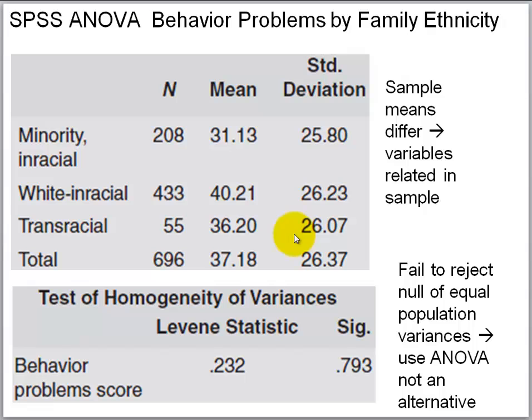Now, looking at the descriptive data in this table, the sample means do indeed differ, and thus the variables are related in our study sample, and we've got to determine whether these differences in means are large enough so that they're unlikely to be due to chance alone.